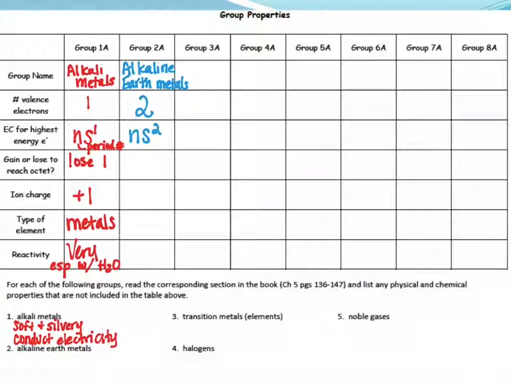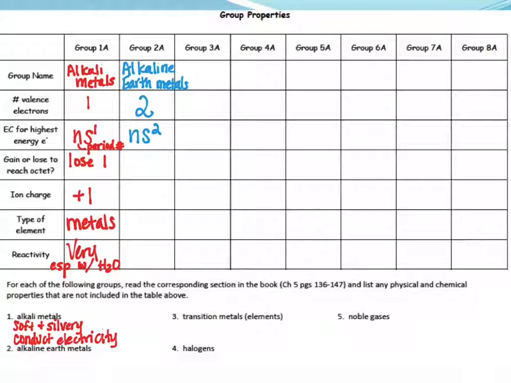No, because you can only have 2 in your s. So what would the n change to? It's your period number. n and s squared, ns2.